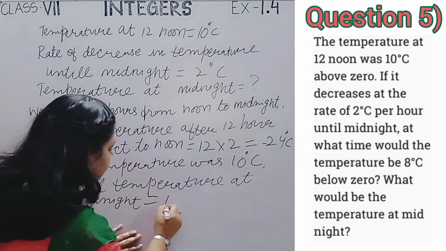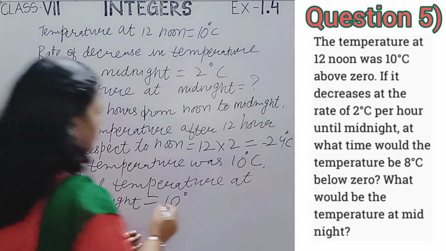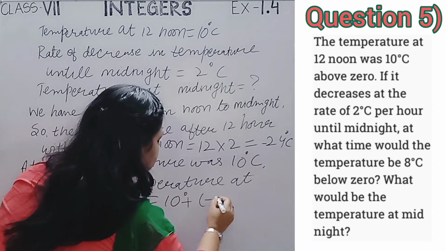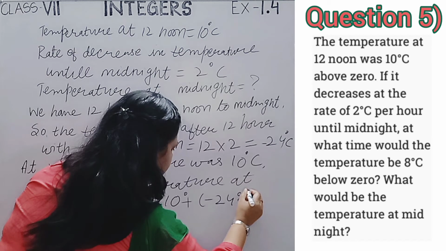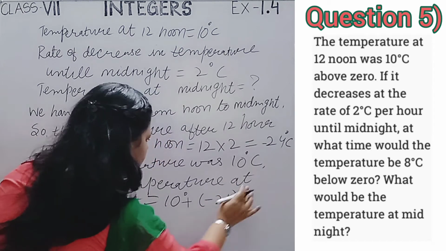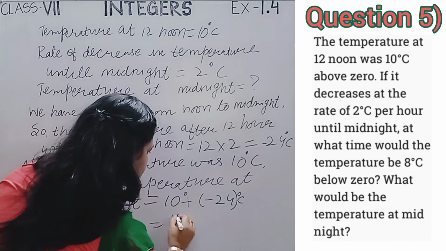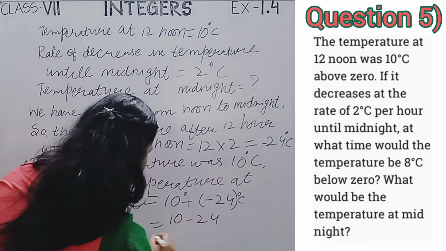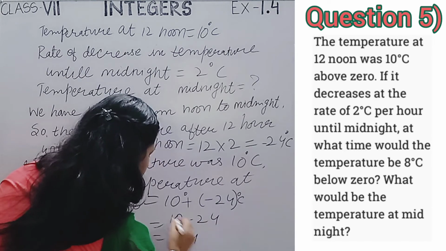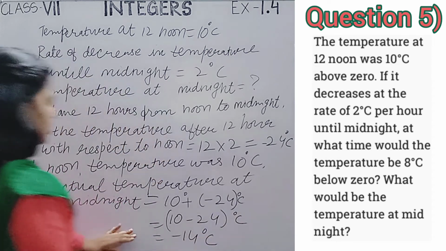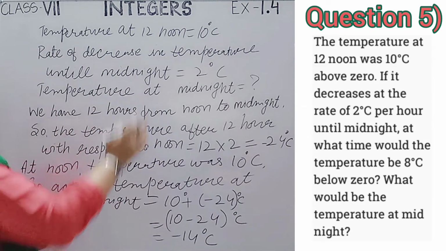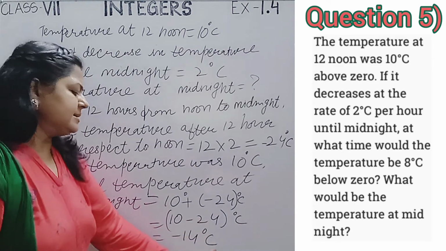So 10 degree plus minus 24 degree equal to 10 minus 24, and that is minus 14 degree Celsius. So temperature at midnight will be minus 14 degree Celsius.